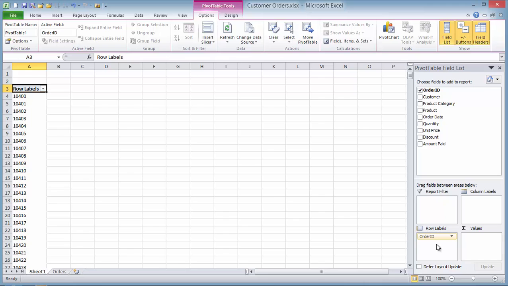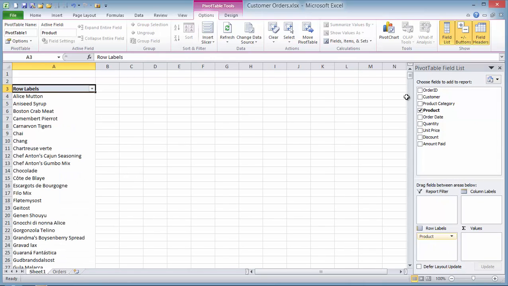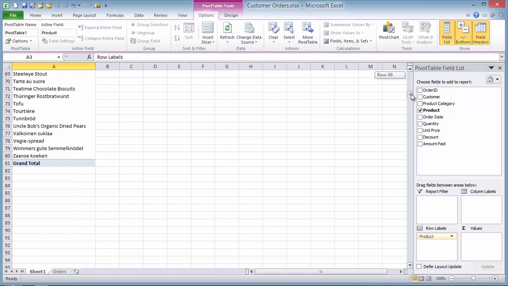There is a list of order IDs. There are over 600 of them. There is a list of products. Close to 80 of them.